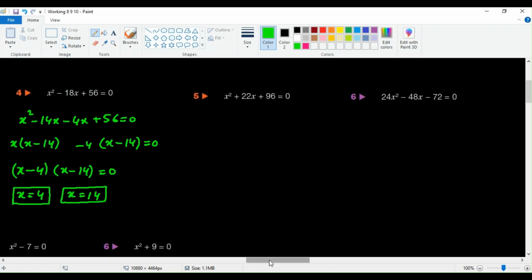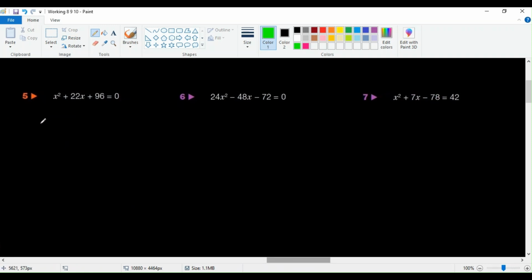Now comes the next question, which is question number 5. So here x square and plus 96 I will write as it is. And I know very well that 16 times 6 is 96. So I will write 16x plus 6x makes 22. 16 plus 6 is going to be 22. And 16 times 6 is 96.